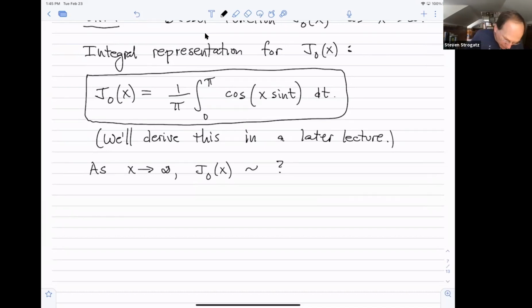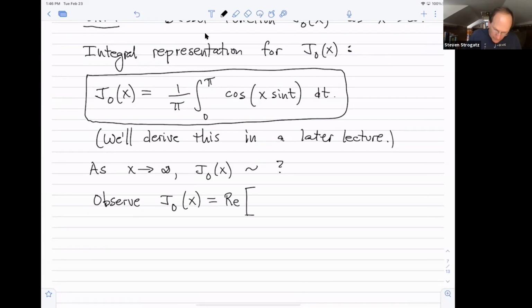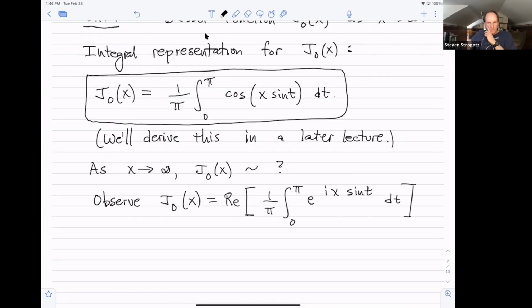Well, one thing we could notice, if we want to put this in the form of the types of integrals we've just been doing with the e to the i x psi, is that J0 of x is the real part of 1 over pi, integral from 0 to pi, e to the i x sine t dt, where all I'm using is the fact that e to the i something is cosine something plus i sine something.